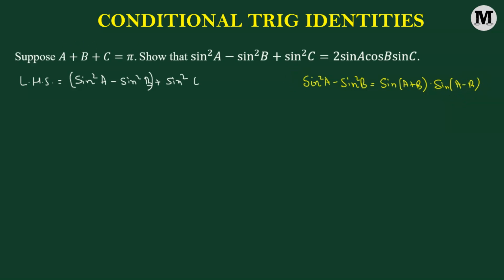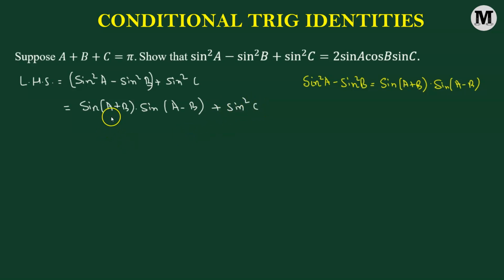So our first two terms combine to give us sine of a plus b times sine of the angle a minus b, and then we have the term sine squared c.